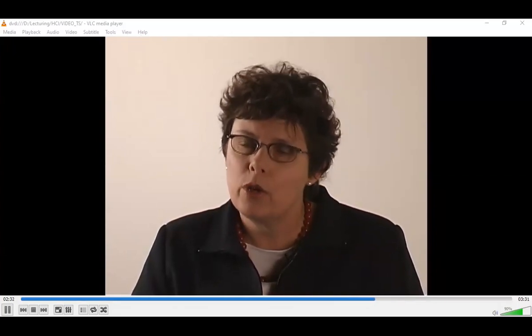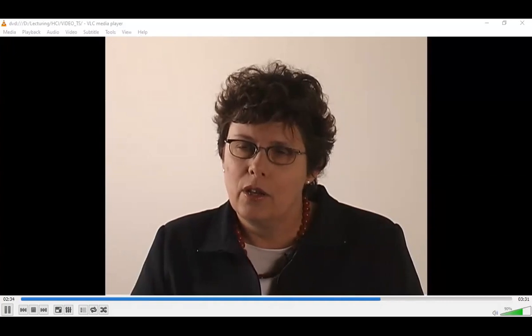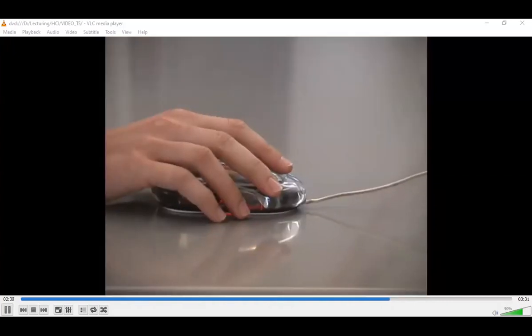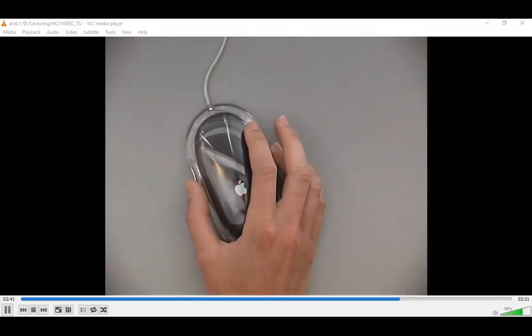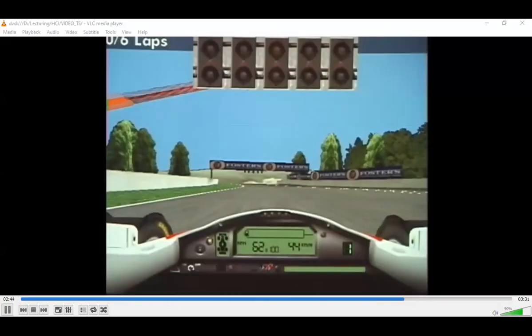When we design a computer-based system or a machine, we're designing not just what it looks like, but how it behaves. And we're designing the quality of the way we interact with it. This is really what interaction design is. It's designing this quality. When I move my mouse, for instance, does it feel sluggish? Is it nippy and sprightly?